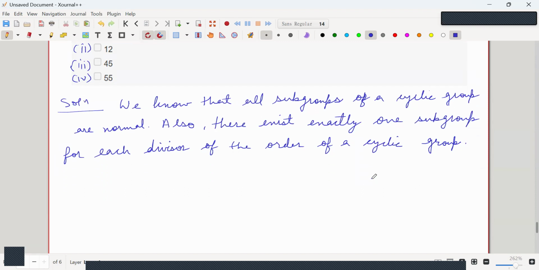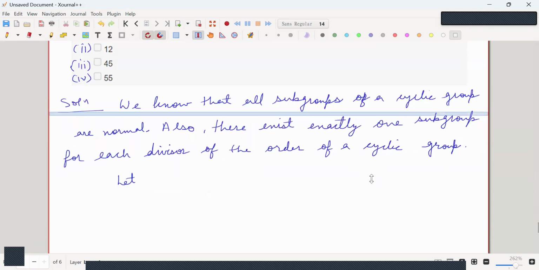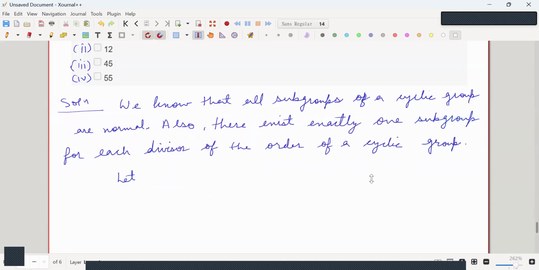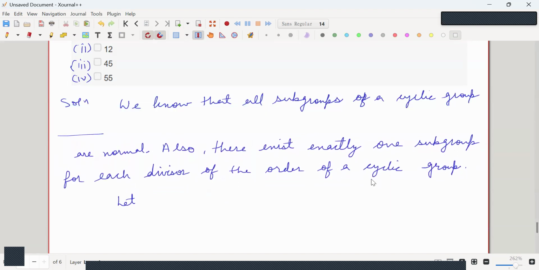Okay. Now, from where can we conclude that there will be a quotient group for each divisor of a cyclic group? For the moment, let me rewrite this thing, I want to be more clear.